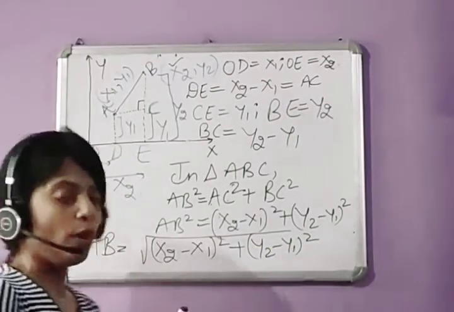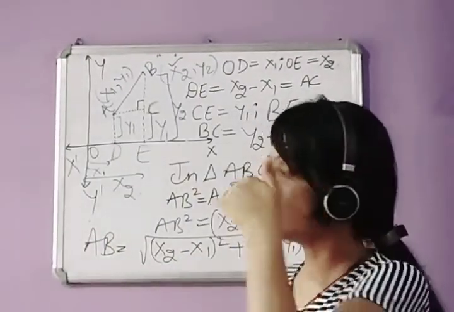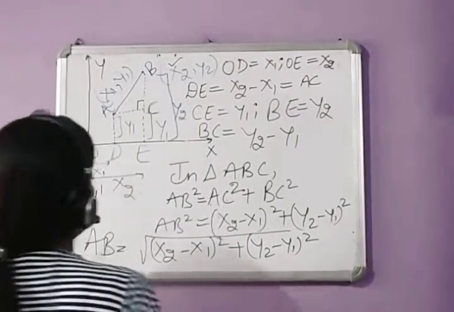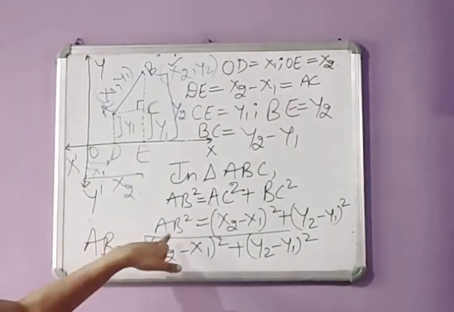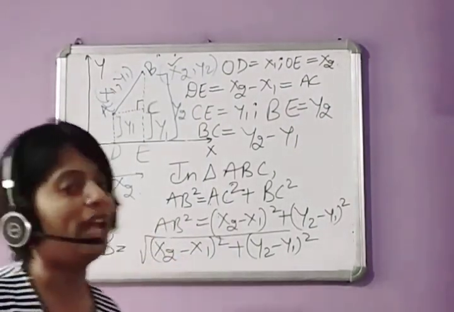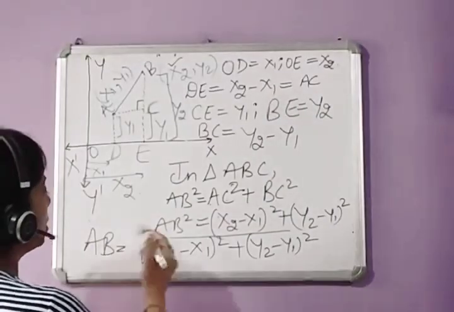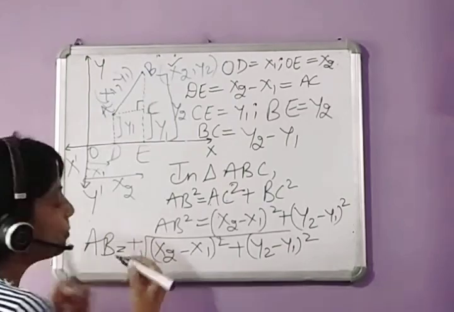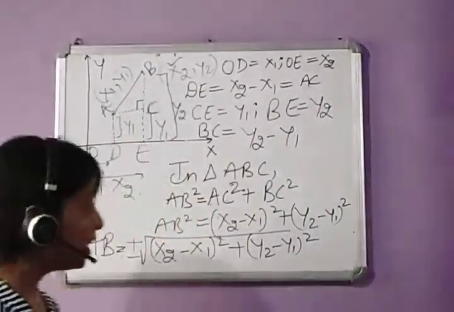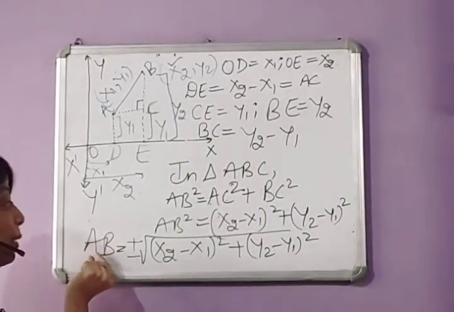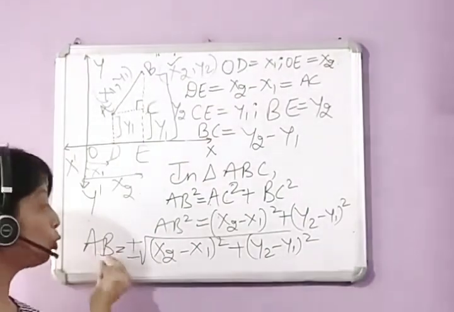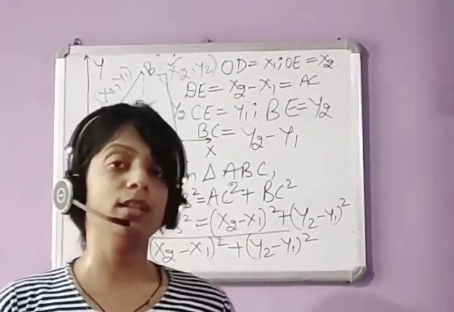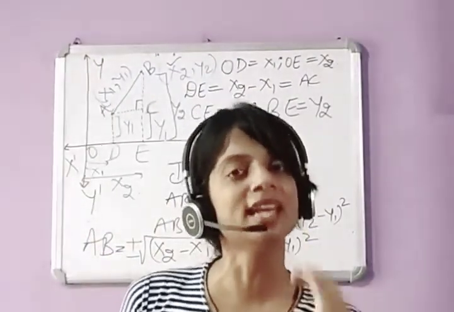One more point: if you ask, ma'am, when we open the square root shouldn't there be plus and minus? But students, AB is my distance, and you know very well that distance cannot be negative.